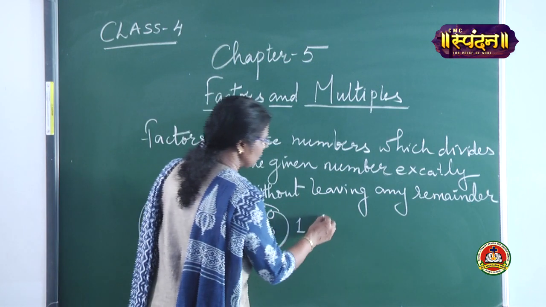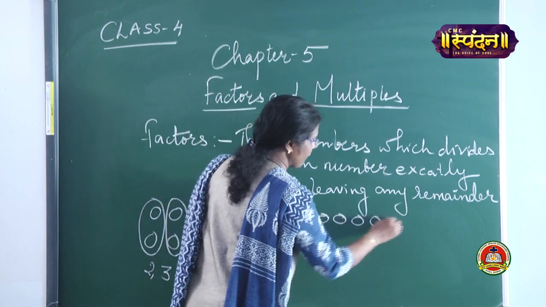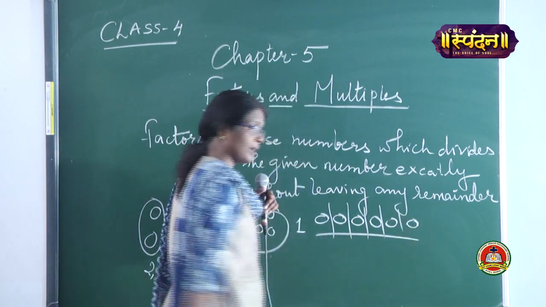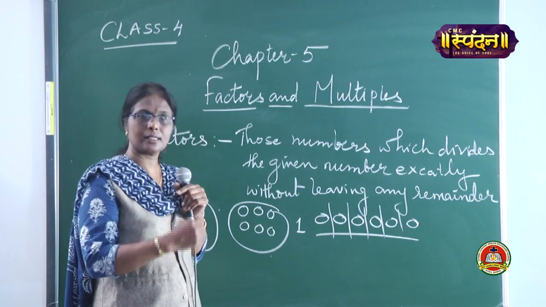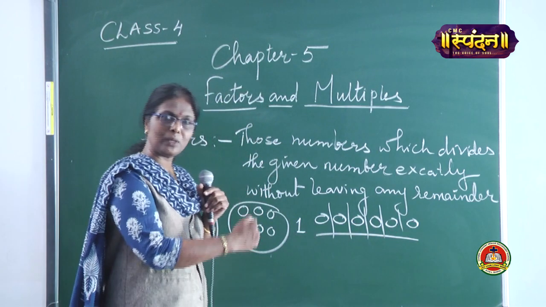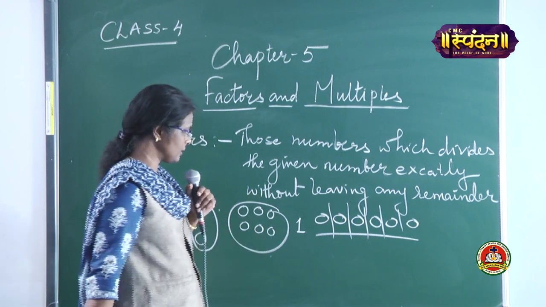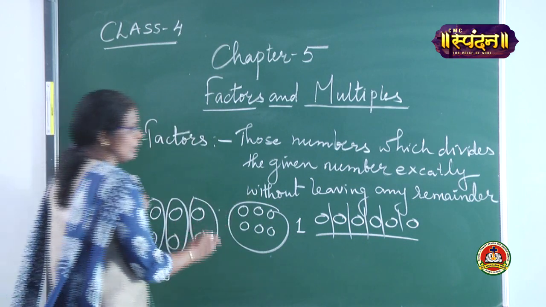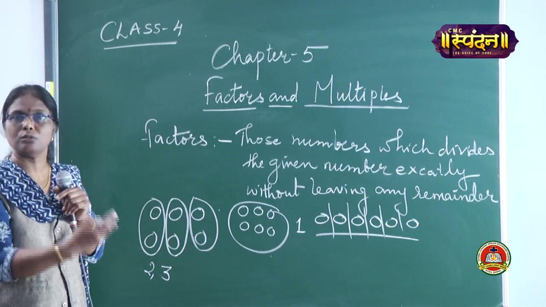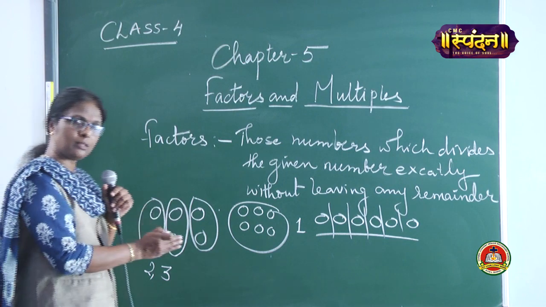Then I have shown you 6 single flowers, and I am getting 6 bunches here. That means in all these cases, none of the flowers is left out. All the flowers are used up.